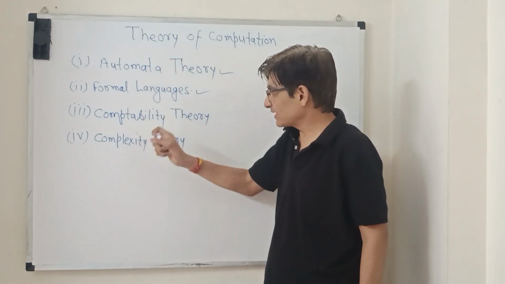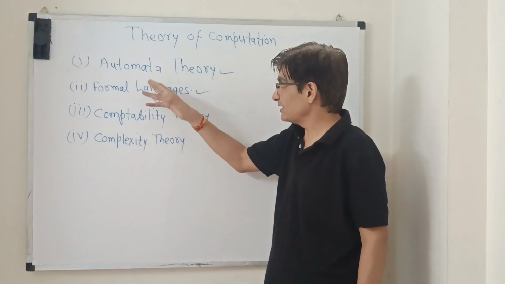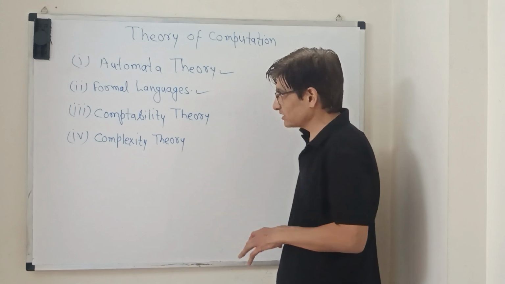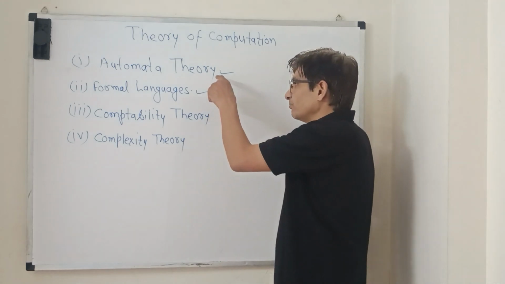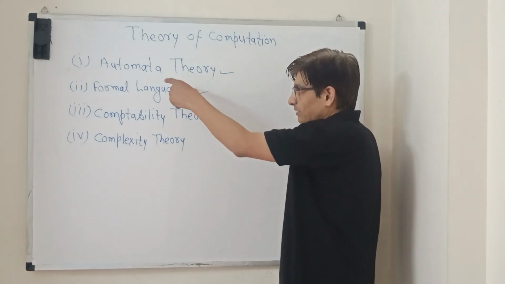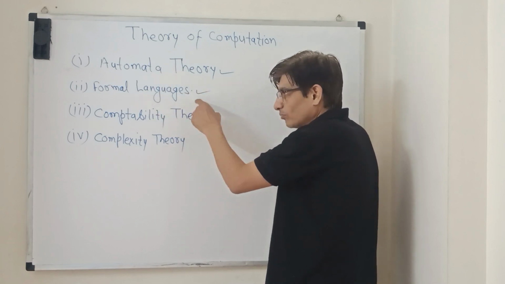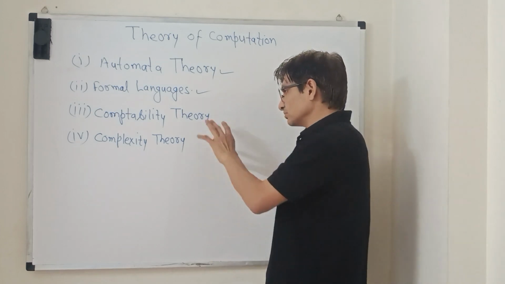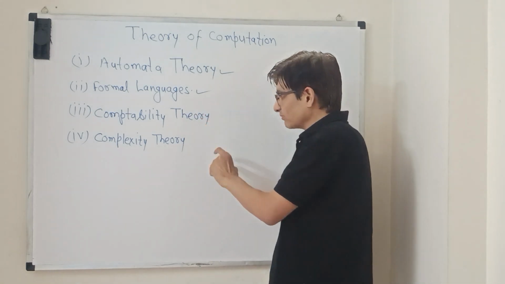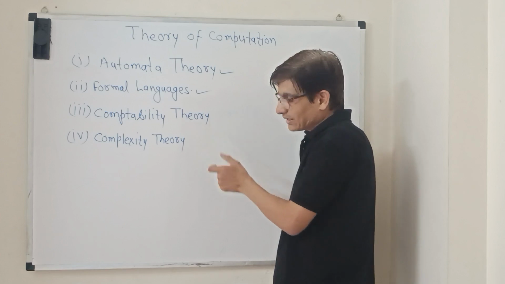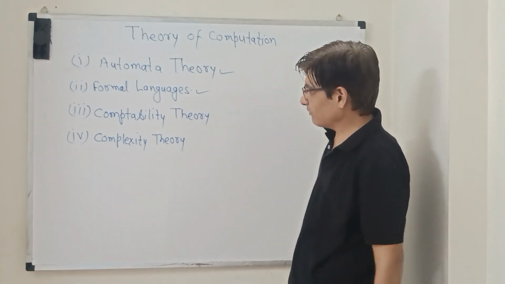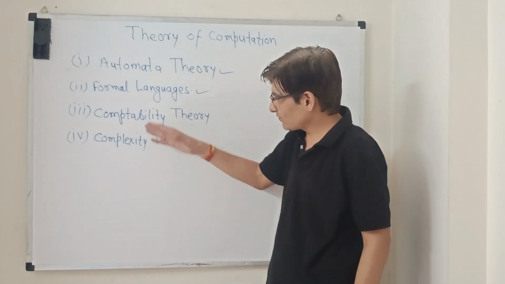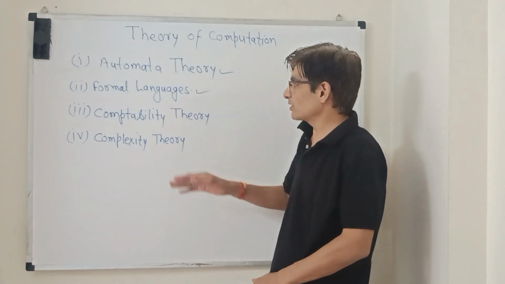Majorly in this lecture series, we will discuss automata theory and most of the part of formal languages, and we will also cover some topics from the other two areas, which I will tell you when we discuss them.